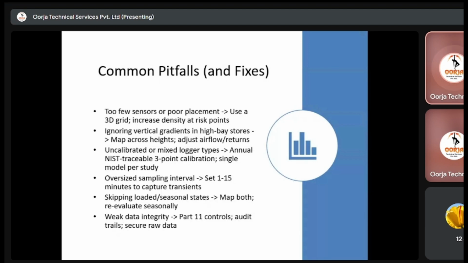So to ensure maximum compliance, we should always prefer data loggers complying with 21 CFR Part 11 requirements. If we do all these, we may overcome the common problems during mapping.